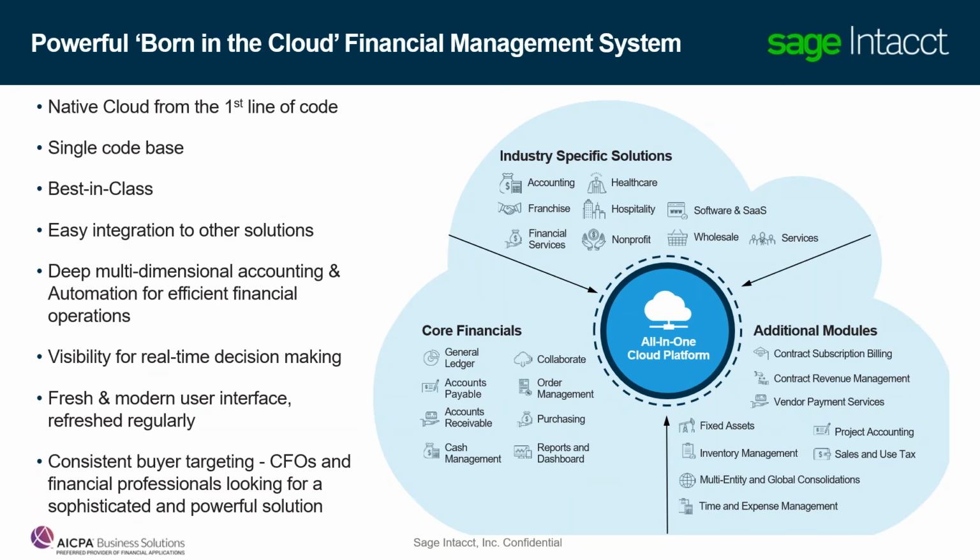That's what we do best. So we are best in class for financial management. In fact, the AICPA, the American Institute of Certified Public Accountants, has nominated us as the preferred provider and given us that accolade for the last 13 years. And we're the only software company that has that from the AICPA.